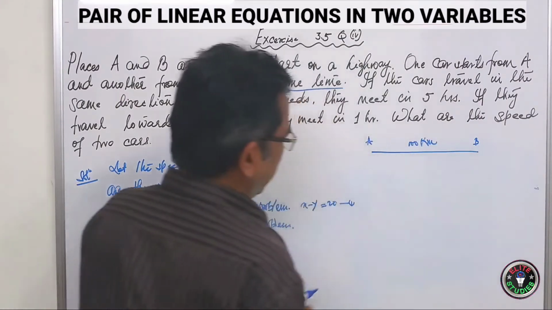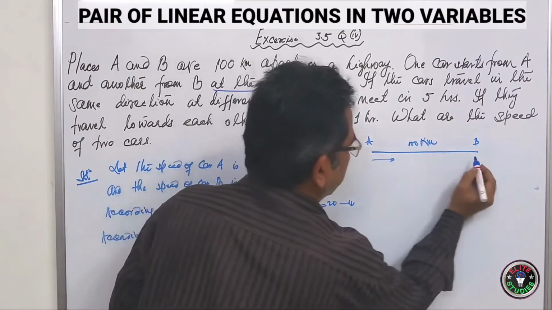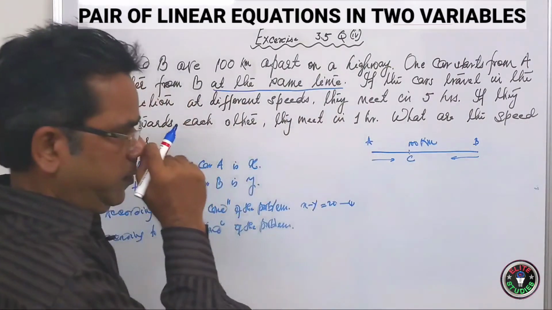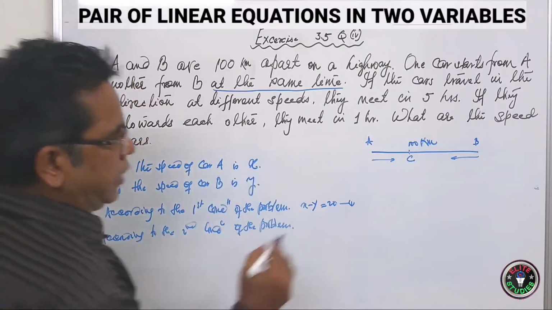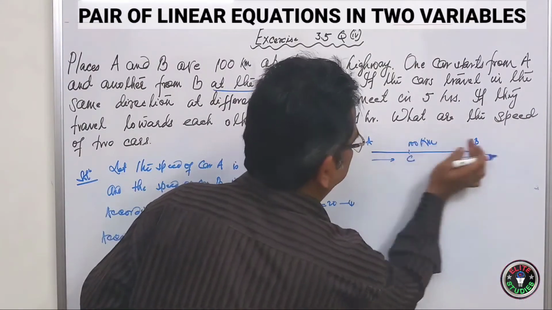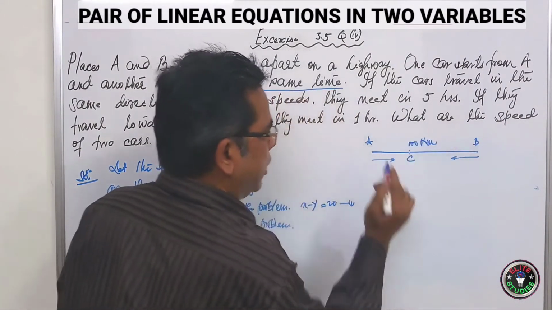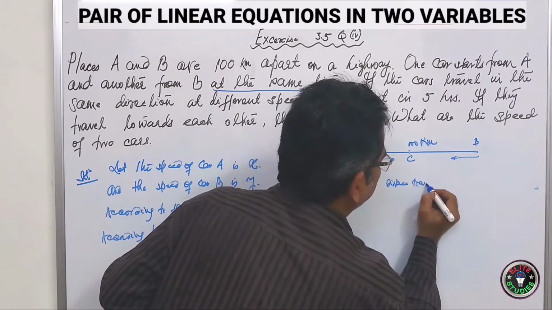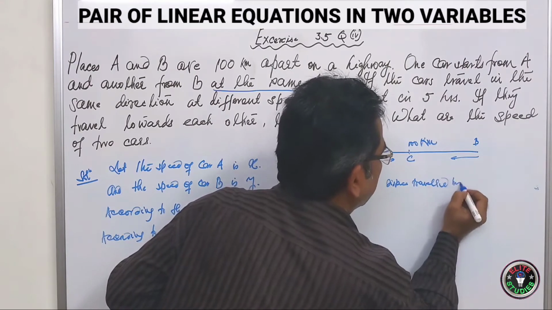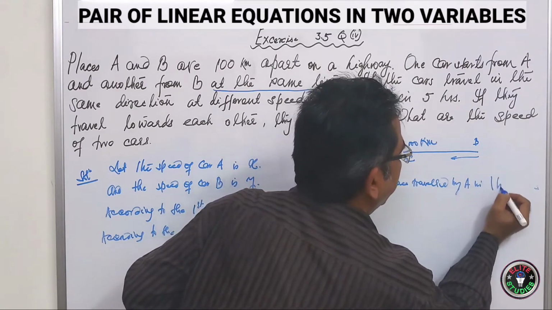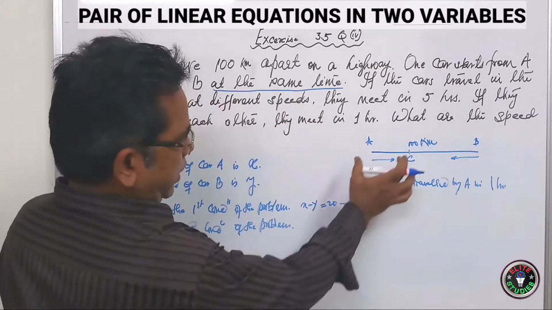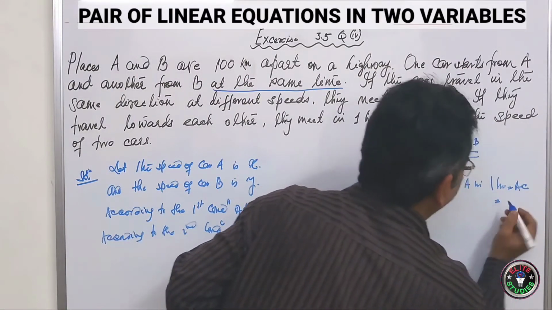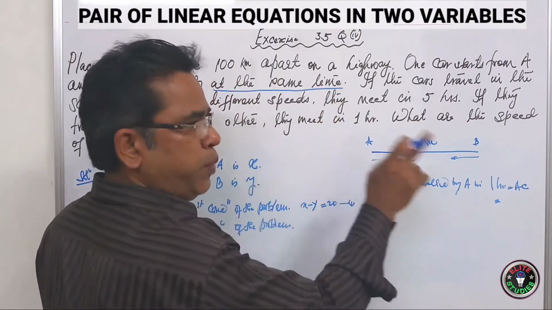Now they are traveling in the same direction, and suppose they meet at a point C. They have traveled for time 1 hour each. So the distance traveled by A in 1 hour is AC, and distance traveled is equal to speed into time.